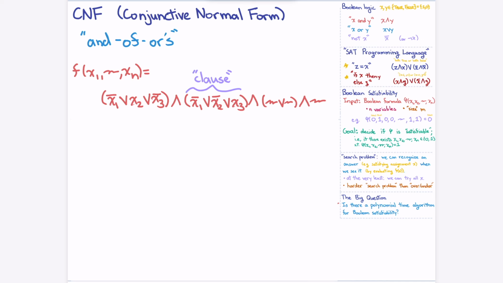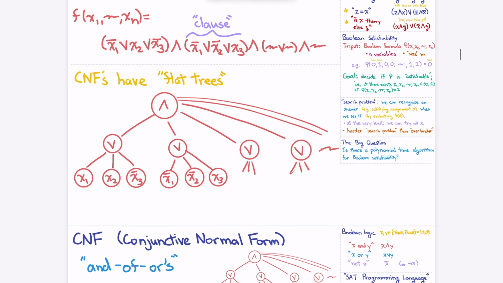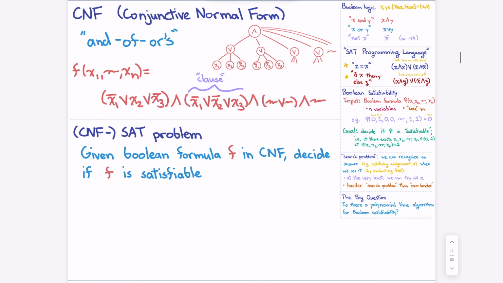You can think of these as formulas that are very flat trees. You have one AND at the top with many children, and each of these is an OR. So we're throwing out anything that's very tall.